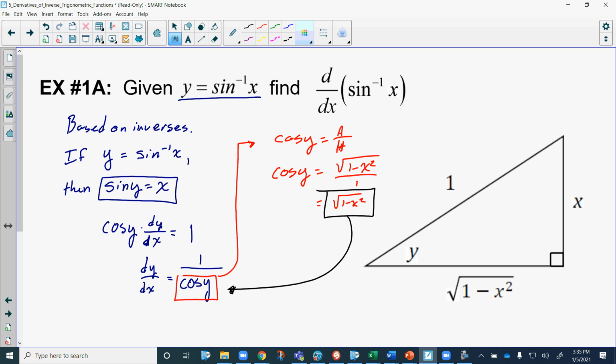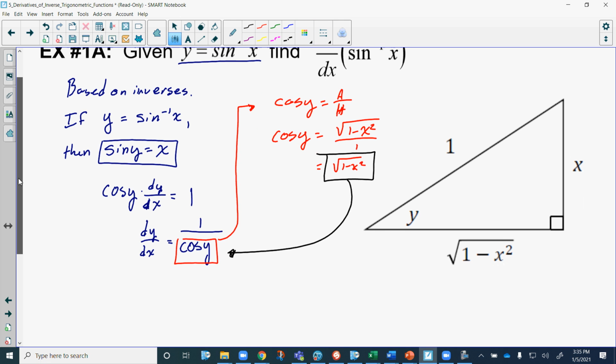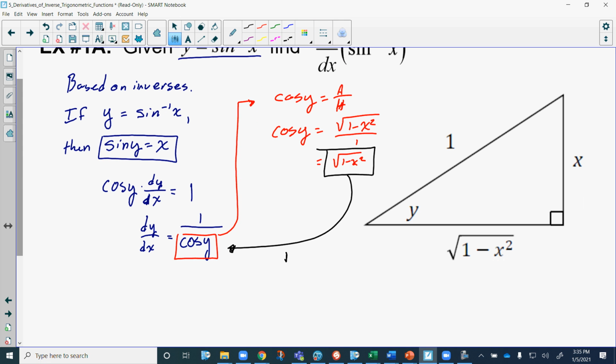That would say dy dx, the derivative of the inverse function, in this case, the derivative of inverse sine of x, would be 1 over the square root of 1 minus x squared.